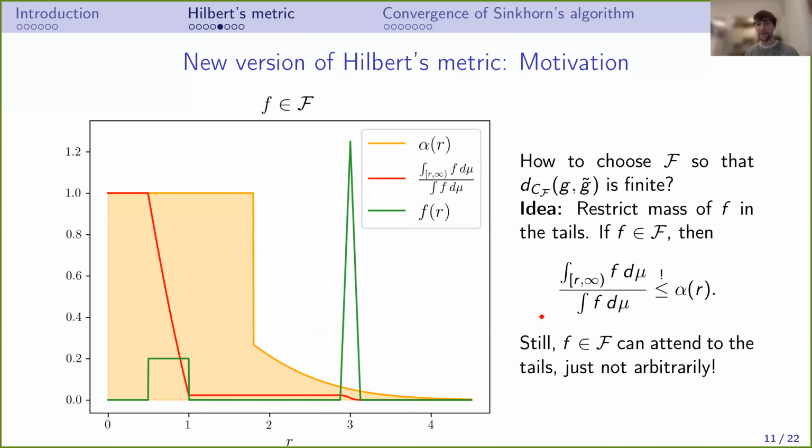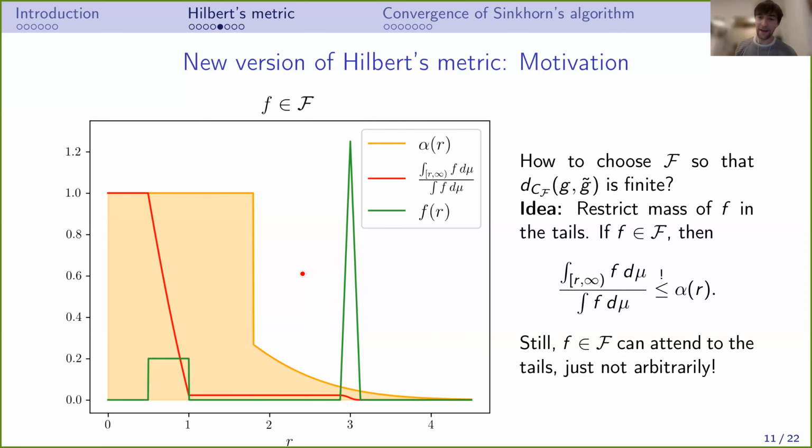And this is still possible with this definition, because once the test function puts some mass near the origin, it can still attend also to the mass in the tails. It just cannot do so exclusively. It has to put some emphasis also into the space near the origin.